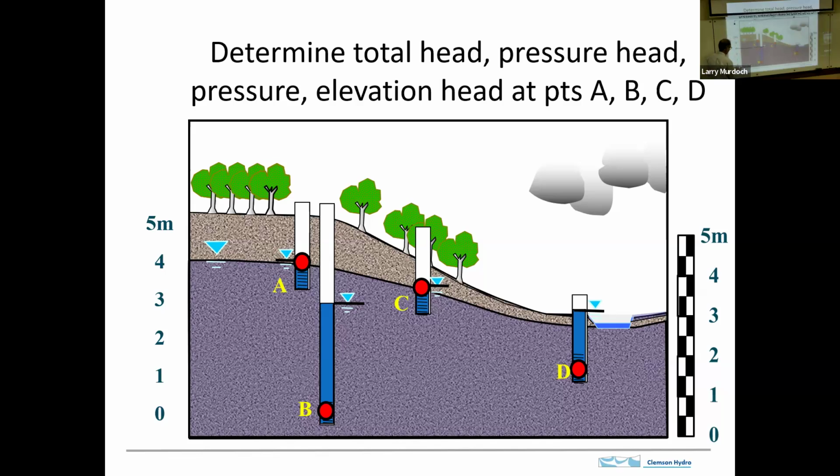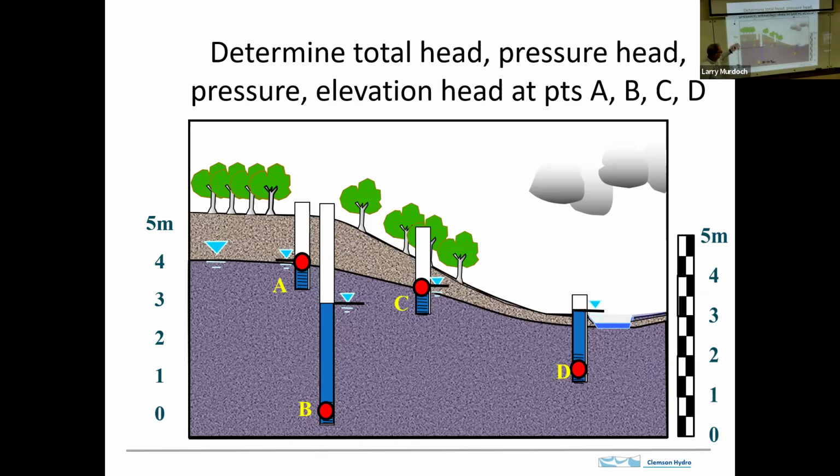So there's the total hydraulic head at that point. It's 3 meters. Okay, so H equals 3 meters at that point. We can also get the pressure head and the elevation head. That's the elevation head at that point, and the pressure head is that.